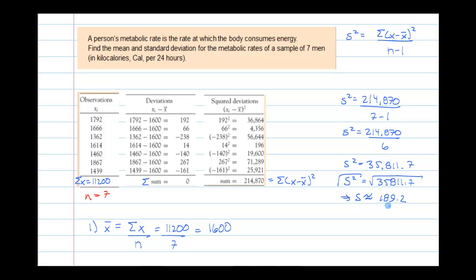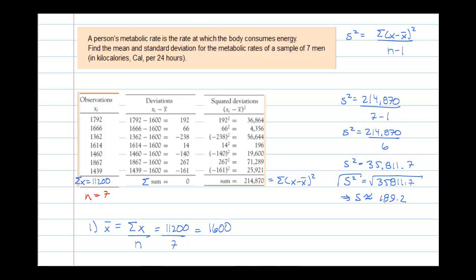So the average standard deviation of the metabolic rates of this sample of 7 men is about 189.2 kilocalories per 24 hours. And again, you've got to learn to use your calculators to do this. Minitab will do it as well. And if you check out the technology manuals on Stats Portal, they go through step by step and show you exactly how to do that in Minitab or in Excel.